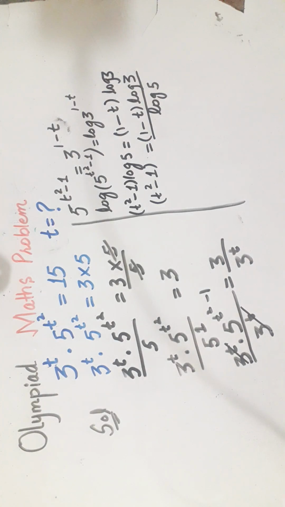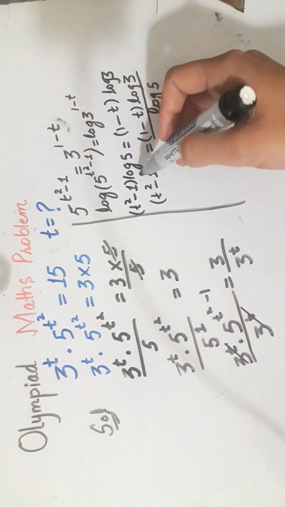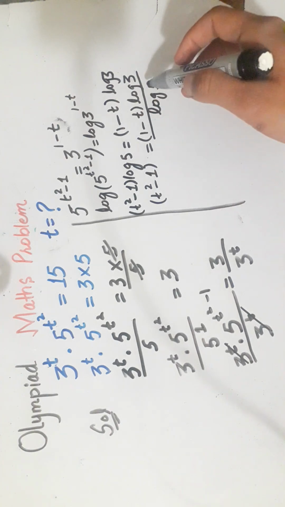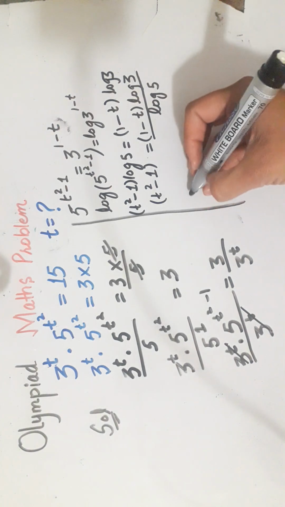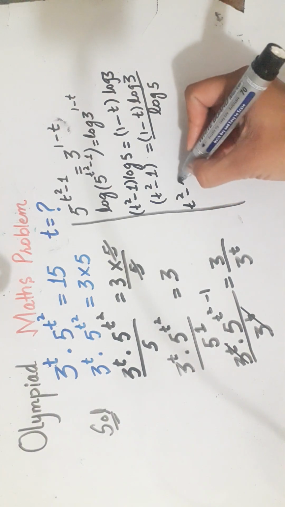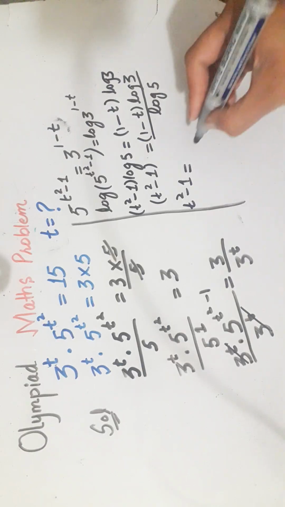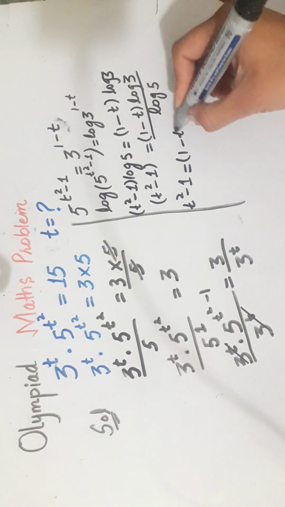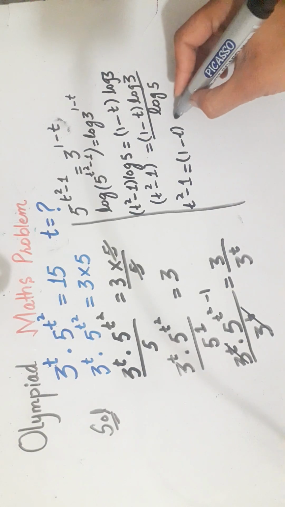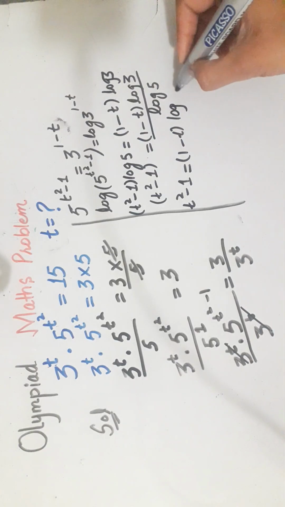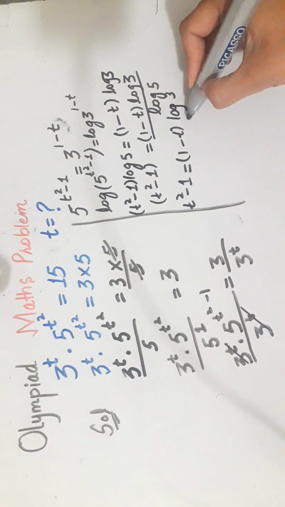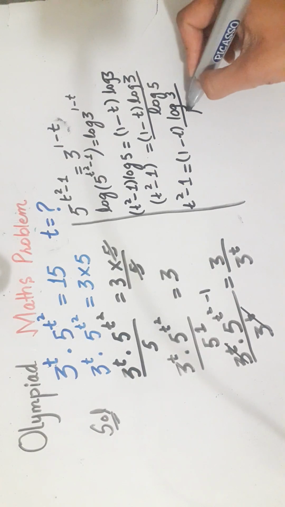Now this is the rule that if one thing is multiplying to left hand side, it will be divided. Now we write t square minus 1 as equal 1 minus t into log of 3 and divided by log of 5.